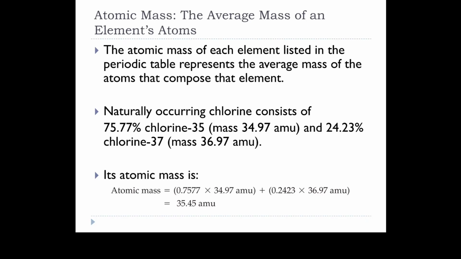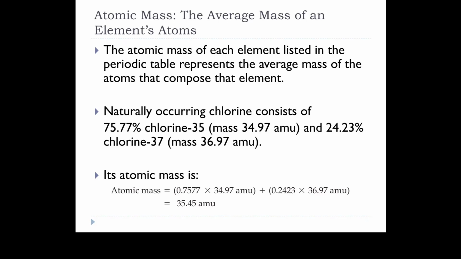So let's take a look at chlorine, for example. Chlorine is easy because it has 2 isotopes, right? We have chlorine 35 and chlorine 37. Each one of those, if we added up all of the protons, neutrons, and electrons in those different isotopes, we would get an atomic mass. That atomic mass is written in AMU, atomic mass units.